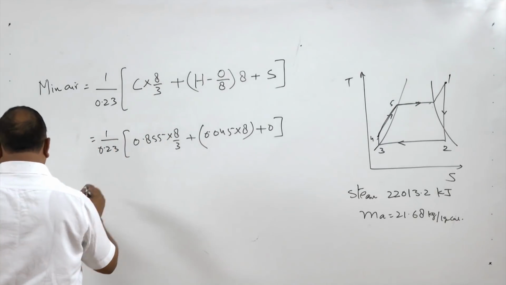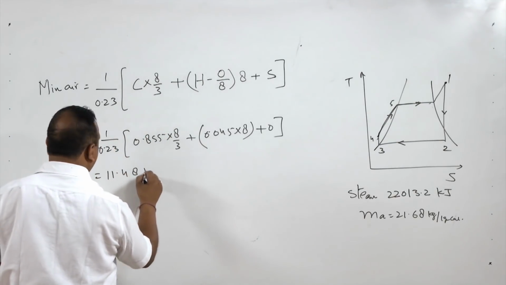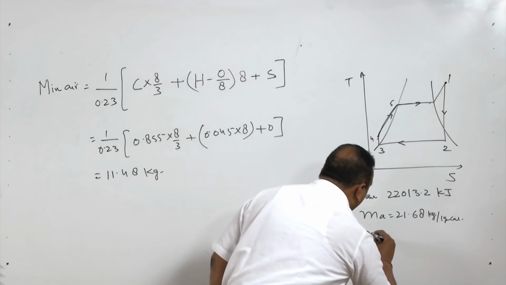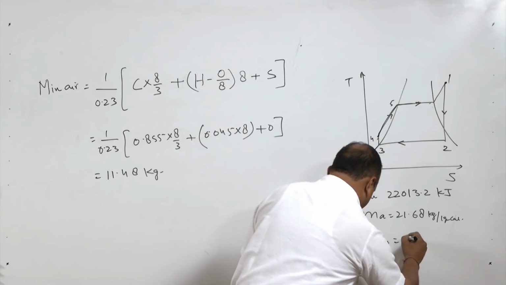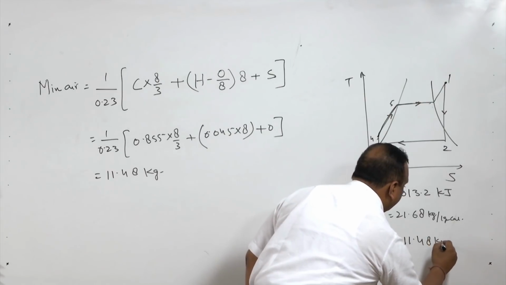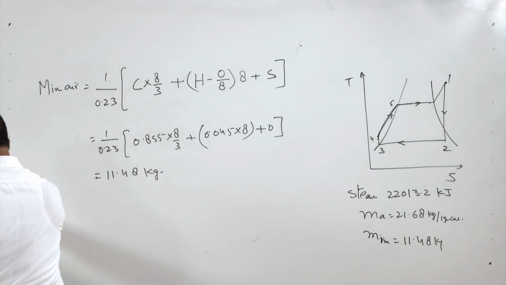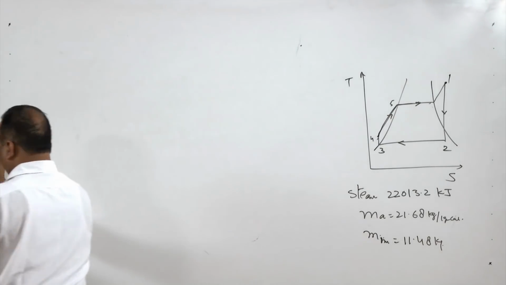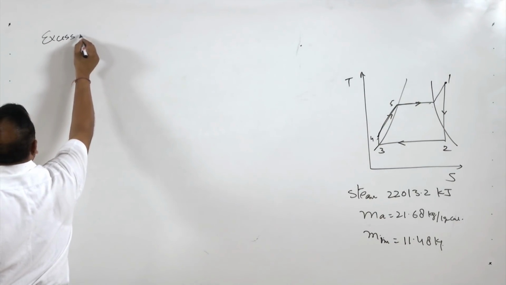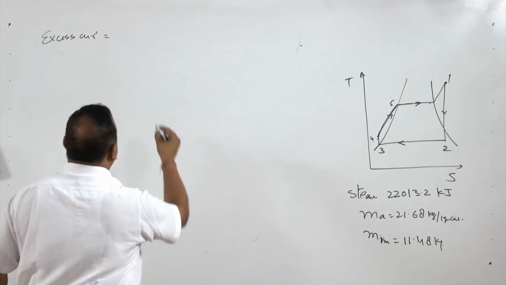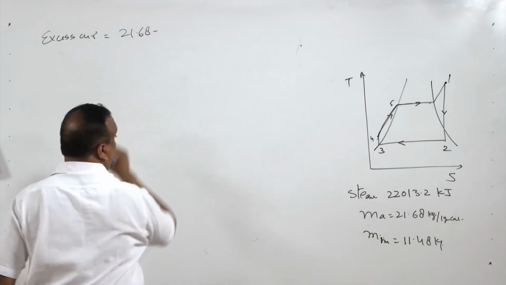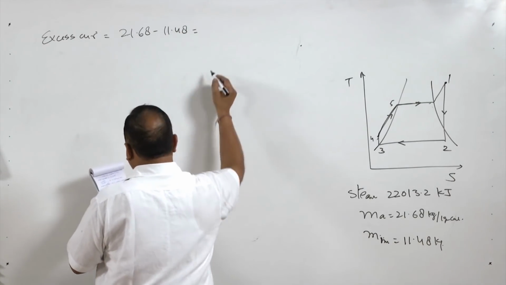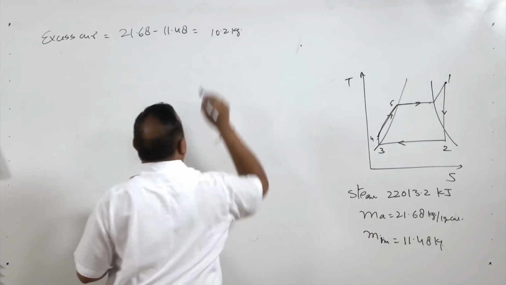The minimum air is 11.48 kg, while the mass of air supplied is 21.68 kg. So there is excess air, which is 21.68 minus 11.48, equal to 10.2 kg per kg of coal.